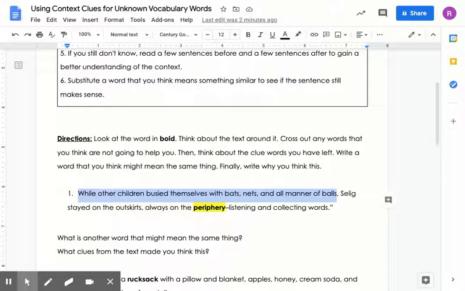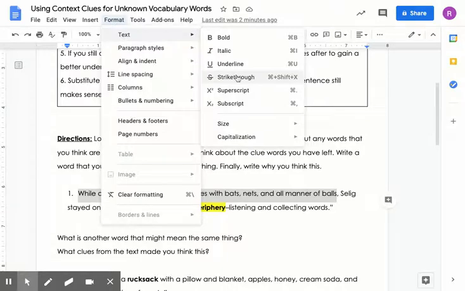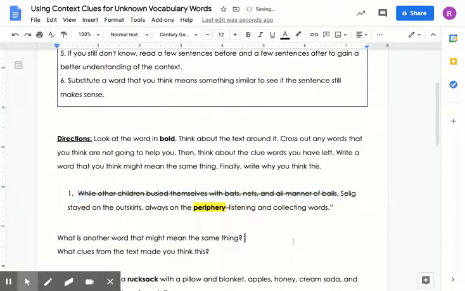So I'm thinking that all the stuff that the other kids were doing was not that important to help us understand this. So I'm going to go to Format up here on my menu, go to Text, go to Strike Through, and I'm just going to strike that out. So that's a big chunk that we don't have to look at anymore. So Selig stayed on the outskirts, always on the periphery, listening and collecting words.